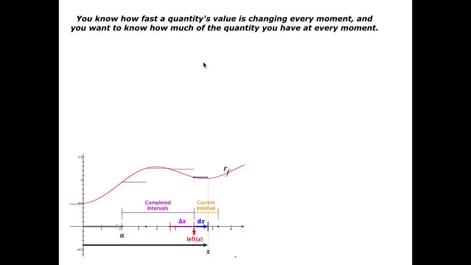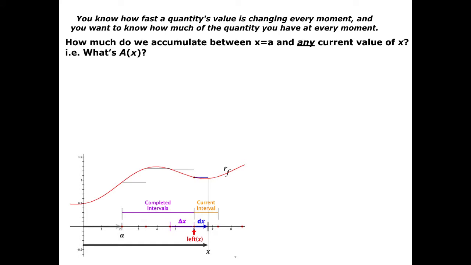I believe you did two versions of this, one with a specific value of x at the end, so a specific computation, and then in general, how do we find this capital A of x? That's an approximate accumulation. An exact accumulation, that's what we're working towards. We'll have a little subscript f, just like our rate function. The exact has the subscript and the approximate with just r. Our approximate accumulation is just capital A here.